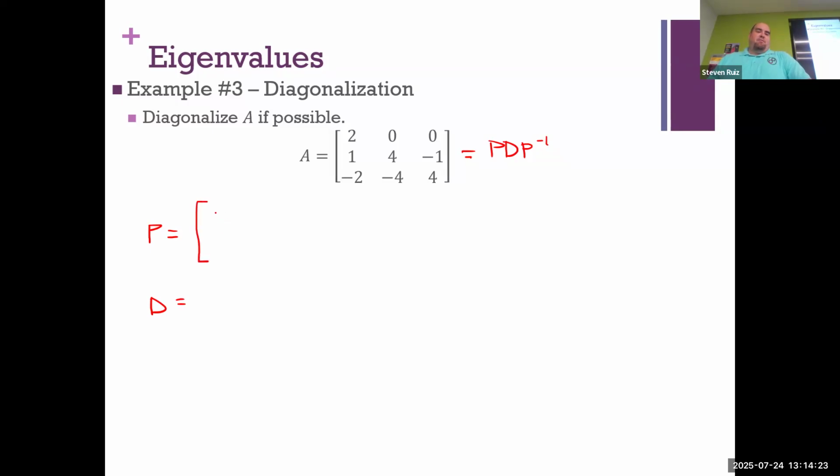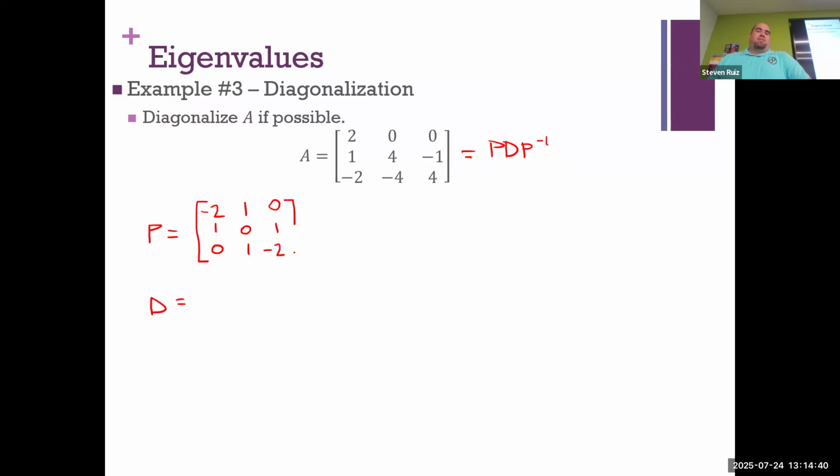So is there any specific order you have to put the eigenvalues in? No. Okay, so negative 2, 1, 0. 1, 0, 1. 0, 1, negative 2.